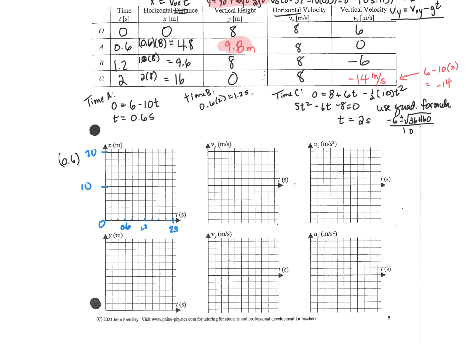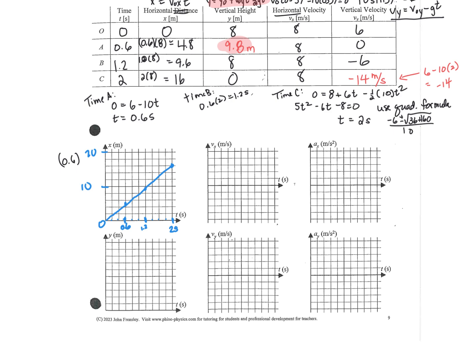So this is 2 seconds, 1.2 seconds, 0.6 seconds. Handy that, isn't it? All right. So at 0.6 seconds, it was at 4.8. So 4.8 would be right about here. And then at 1.2 seconds, it's at 9.6, so right about here. And at 2 seconds, it is at 16, 12, 14, 16. So it goes in a straight line this way. Okay.